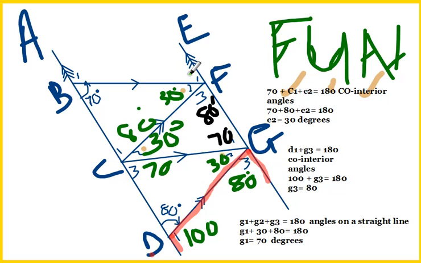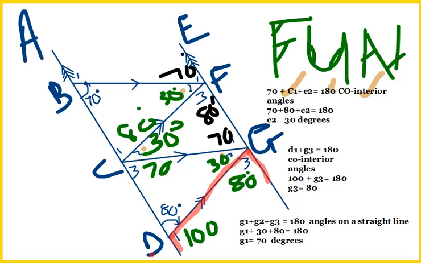Moreover, we can make this F much simpler. We can use these two parallel lines, the ones that have one arrow, and we can see that G1 is equal to F1. So if our G1 is 70, then our F1 is also 70. So let's write that down. Our F1 is 70.